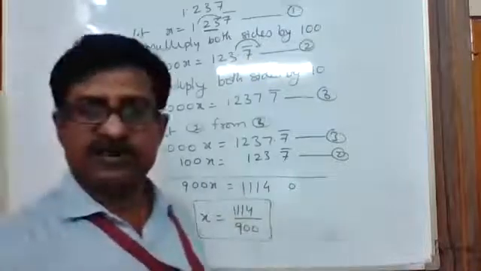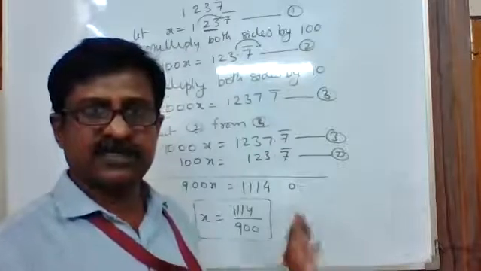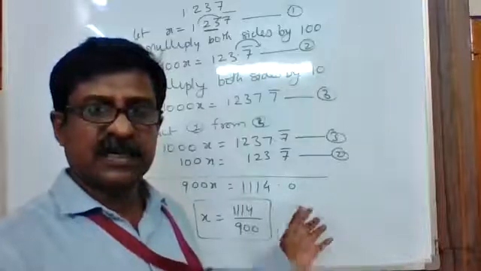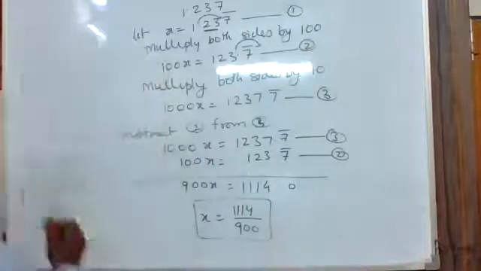Now, if it is possible to cancel by some number, cancel it. If not, leave it. That's the answer.